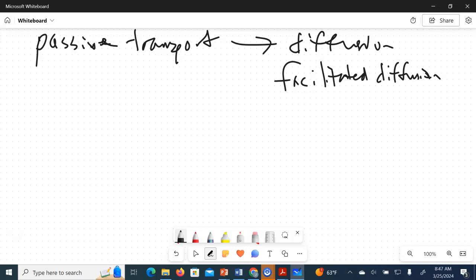This is for non-lipid soluble molecules, so polar molecules like carbohydrates, or charged ions, have to go through facilitated diffusion. We're going to have to use a protein to cross the cell membrane as a bridge, a gate, or even a channel of some sort, so that things that are not lipid soluble can go inside and outside the cell.